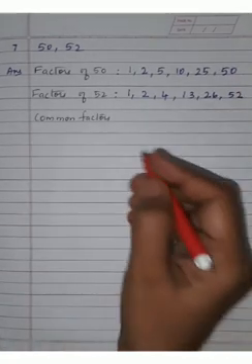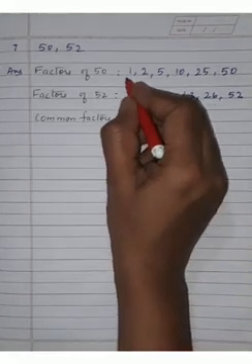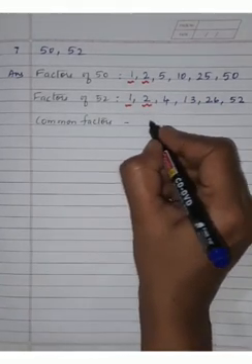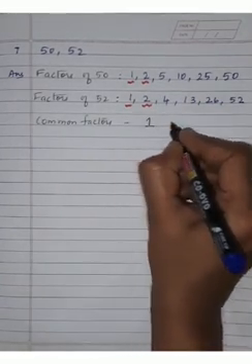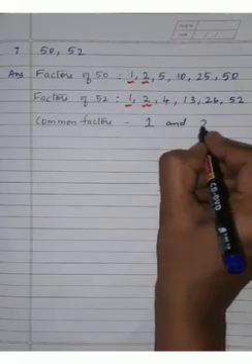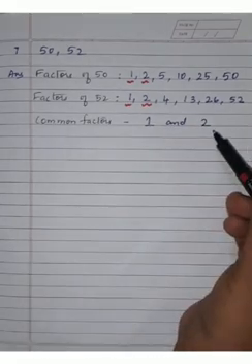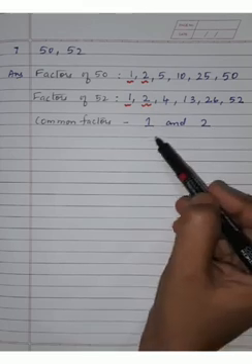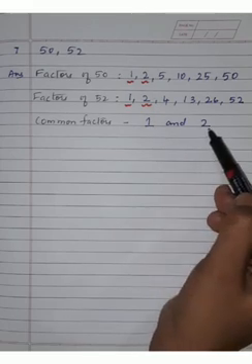Okay, children. Now if you see the common factors, what are the numbers common here? 1 is common, 2 is common. So the common factors of 50 and 52 are 1 and 2. So children, for a pair of numbers to be co-prime, what is important? They must have only 1 as a common factor.